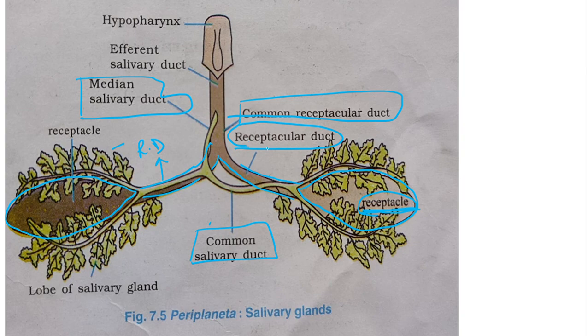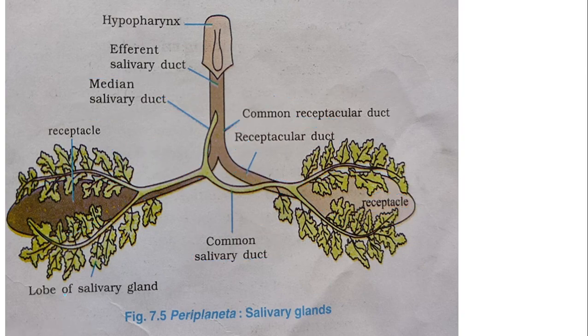Reservoir की बात करें तो it will have the receptacular duct, which is going to combine to form the common receptacular duct. Now see here class, this median salivary duct is going to open into the common receptacular duct. Both of these are going to open into the efferent salivary duct, which is going to open at the base of the hypopharynx.